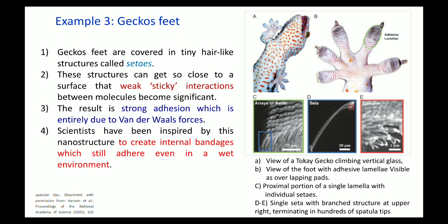The result is a strong adhesion which is entirely due to van der Waals forces. And because the spatula tip is open, once it gets stuck to the surface of the glass, a small vacuum is created because of the van der Waals force of attraction, and capillary forces. Because of that the interaction becomes strong.